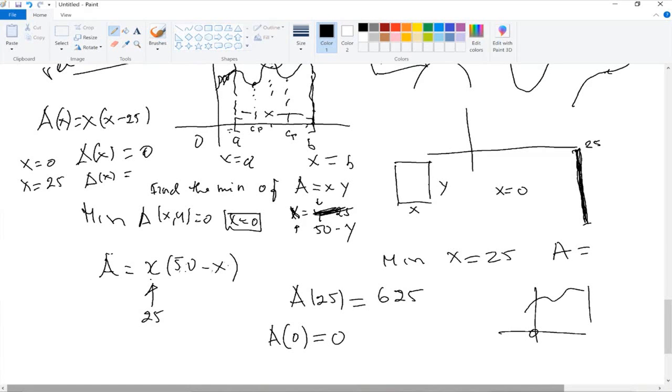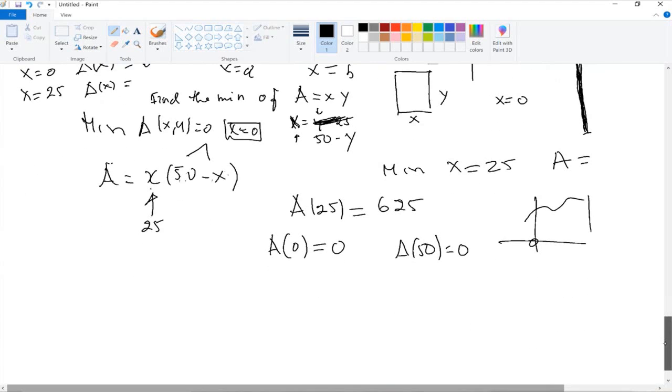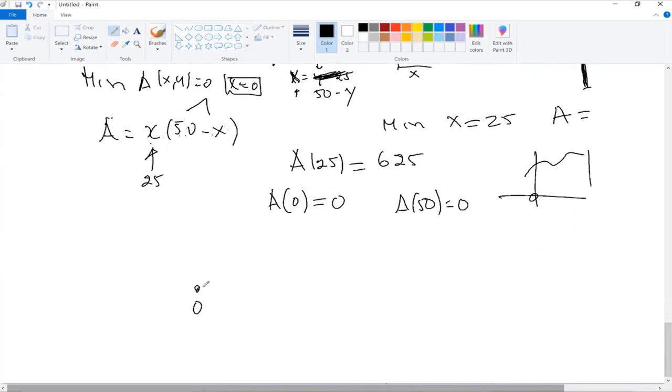Okay? And A of 50 gives me 0 also. Right? This function really is doing like that. If 0 gives 0, and 50 gives 0, and 25 gives the maximum, you know?